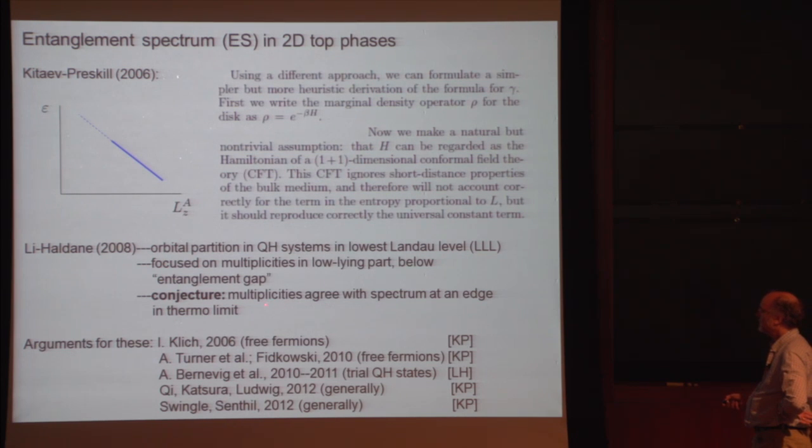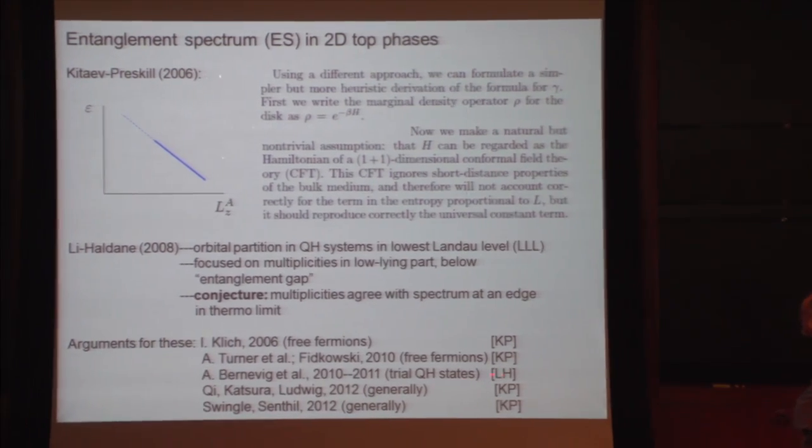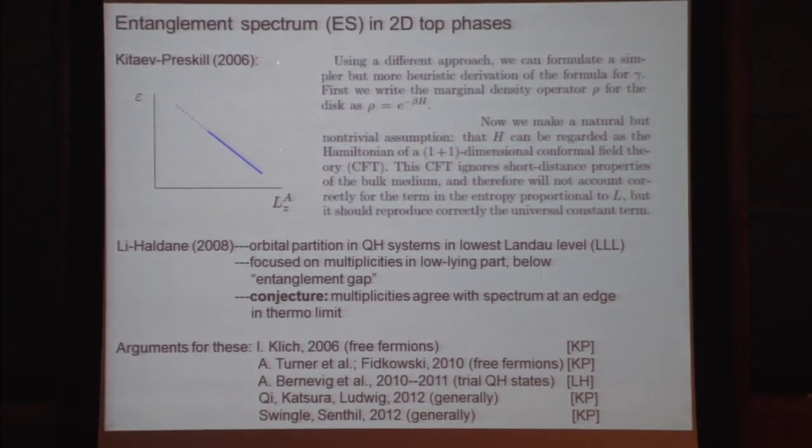Okay. So this is slightly different, you see, from what Kitaev and Preskill were saying, because they really had in mind the eigenvalues as well as the multiplicities of the eigenvalues. And arguments for these kinds of conjectures were advanced in various later papers. Some of them are really in the form of the Kitaev-Preskill idea, and some are just more restricted to multiplicities, as in Lee and Haldane.